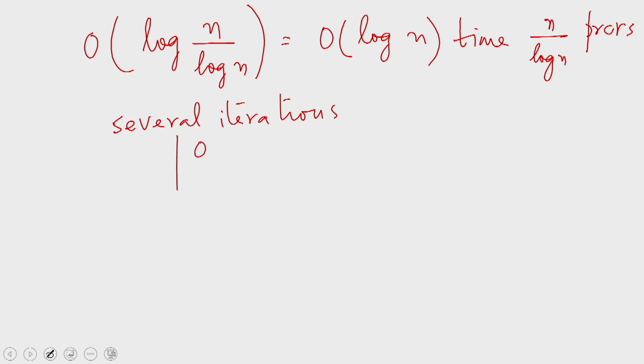Therefore, to summarize, what we have is this: we have several iterations. Each of these iterations is an order one time iteration. In each iteration we remove an independent set of vertices from the list.